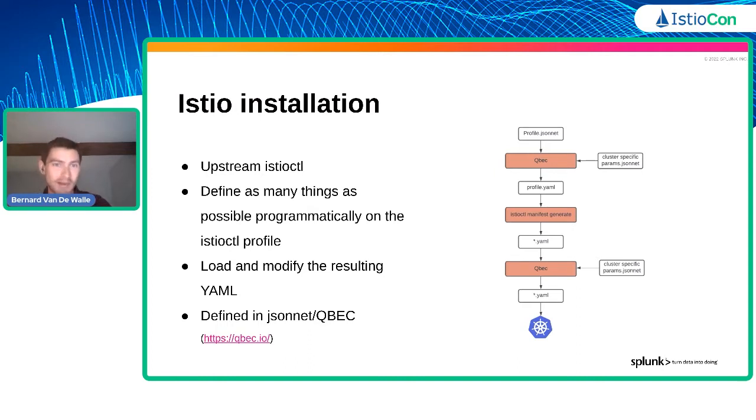With this profile.yaml generated per cluster, we pass it to istioctl, and we get all the YAML for all the definitions of istiod, etc., which we reload into our CI system, and we modify what we couldn't do directly in the profile. So essentially what we do is a double pass through our CI system. We use Quebec, and we codify everything into Jsonnet. And at the end of the day, Quebec, our CI system, pushes it down to our clusters.